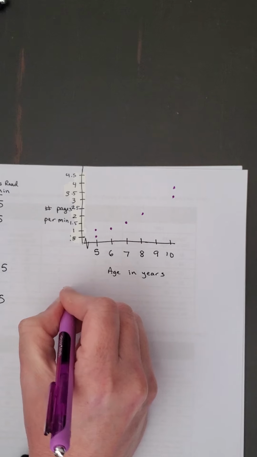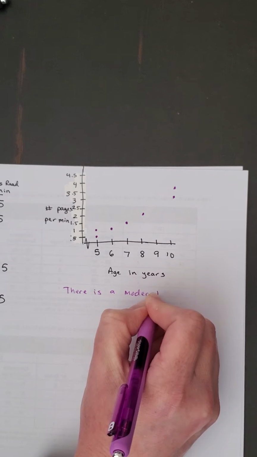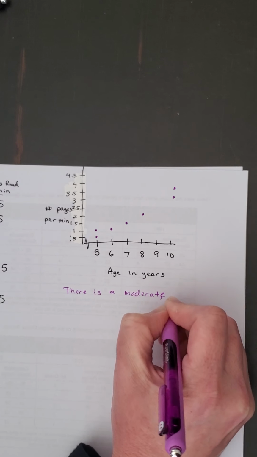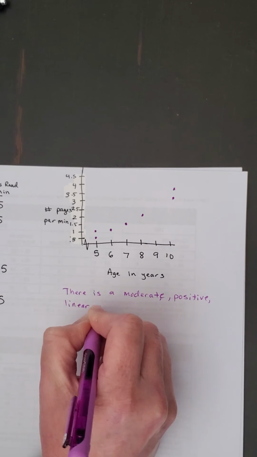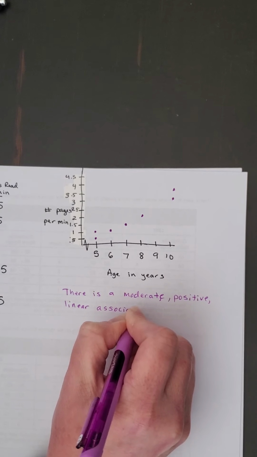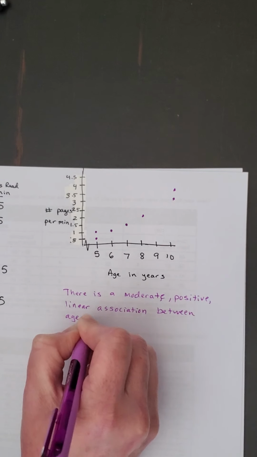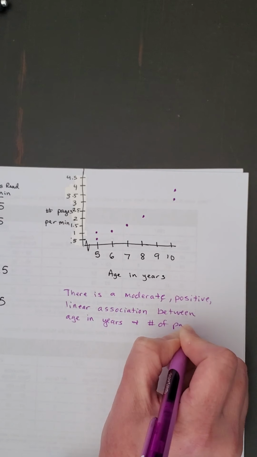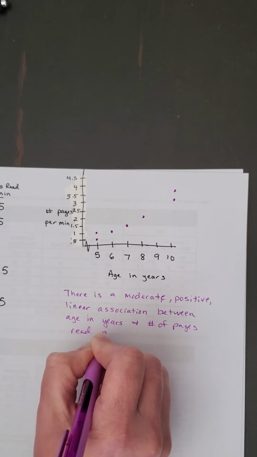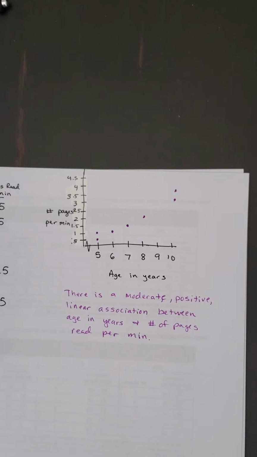So I would say there is a moderate positive linear association between age in years and number of pages read per minute. Okay. So if they asked me to describe the association, that's how I would describe it.